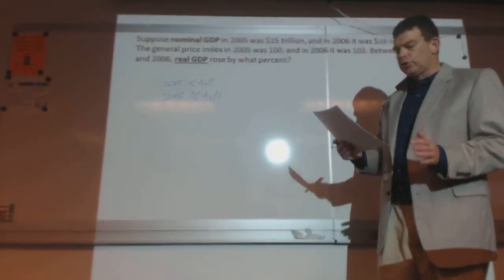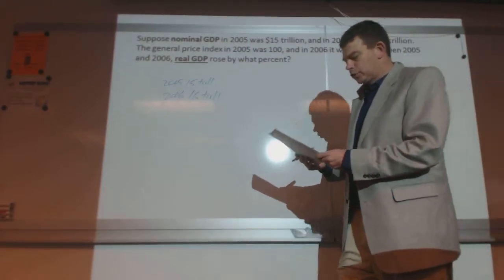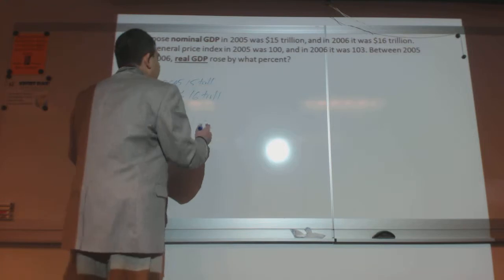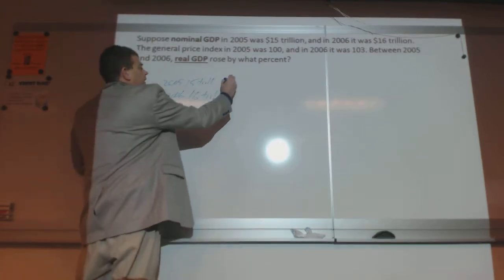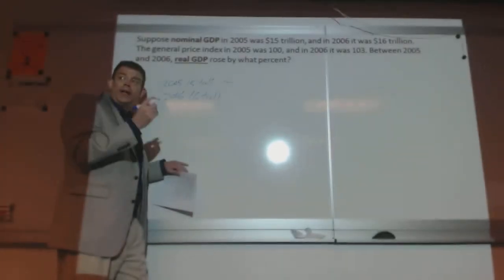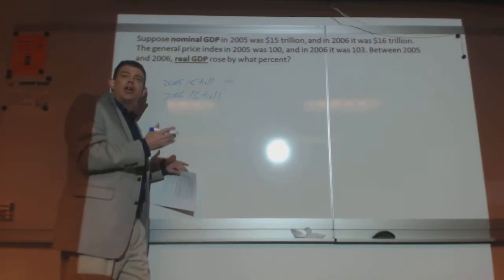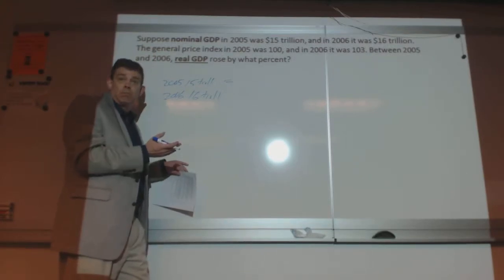Okay? Now, in order to do that, here's all you have to do. In the year 2005, since that's the base year, the first year we're talking about, nominal GDP and real GDP in the base year will always be the same.